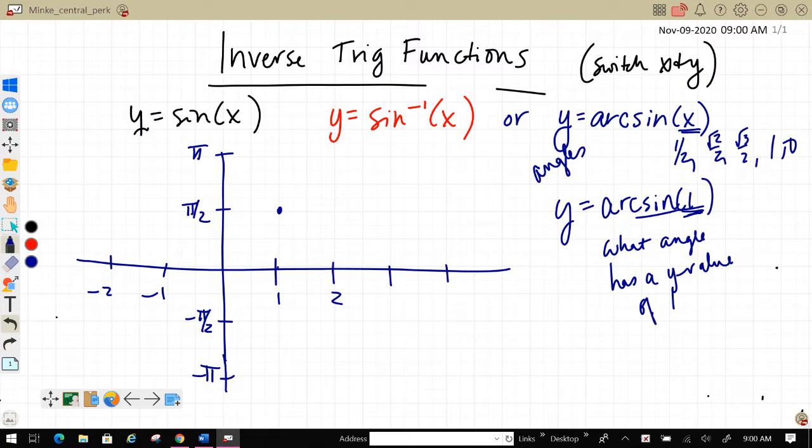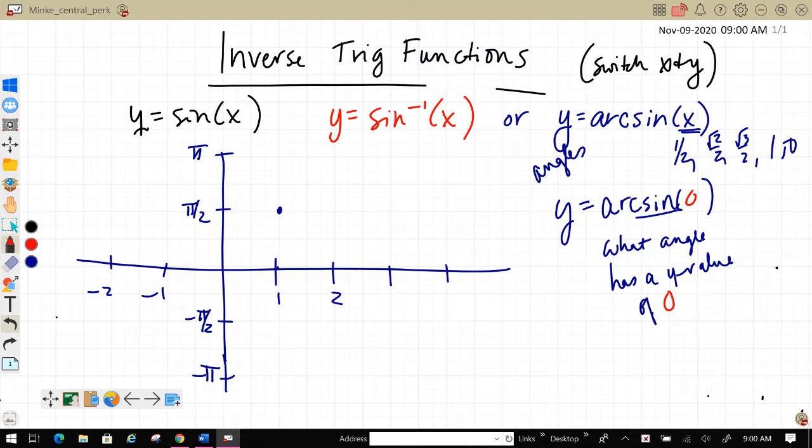What about, let's do 0, okay? Let me change that with the eraser real quick. If I change that to 0, then I'm saying what angle on the circle has a y value of 0?